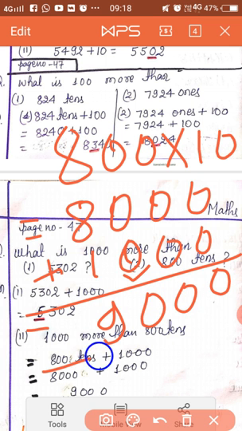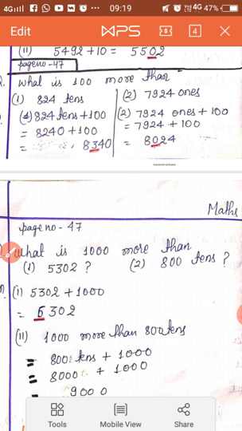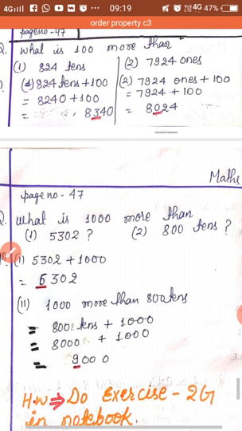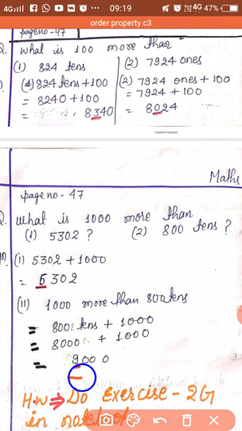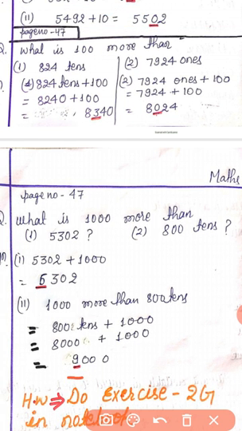So what we see here, when we add 1000, the ones, tens and hundreds digits remain the same, and the thousands place digit always changes. It is increased by 1. So we can write 9000, and we can underline the changed digit, 9 at the thousands place.